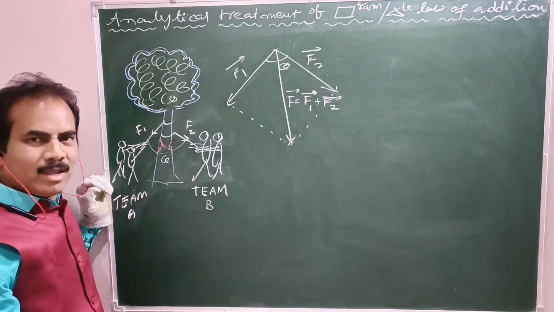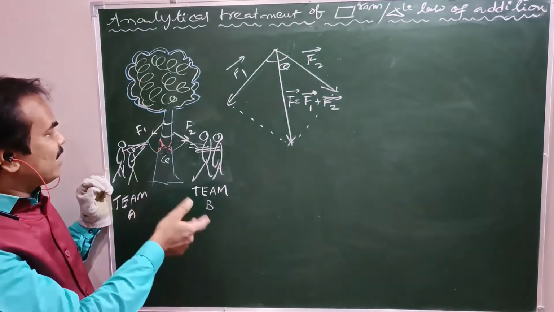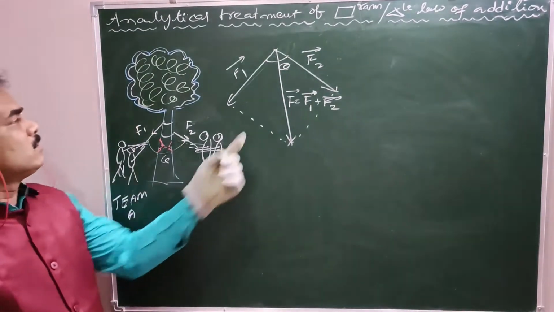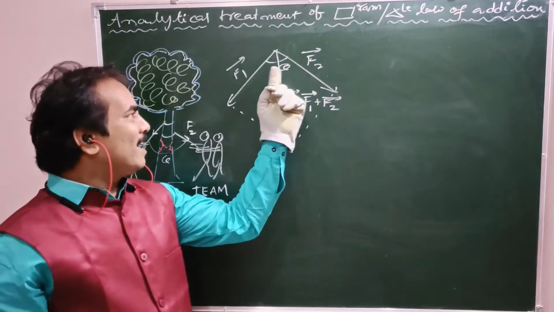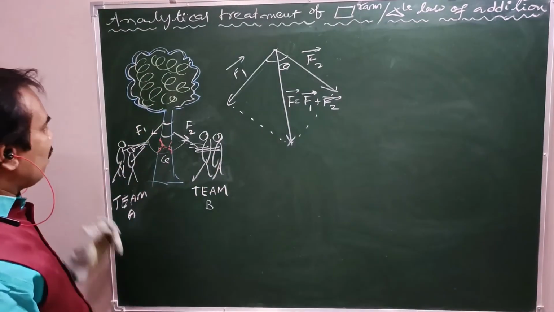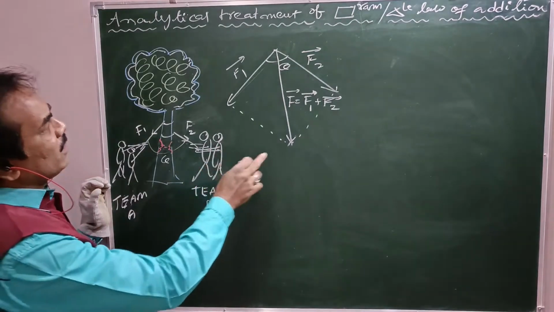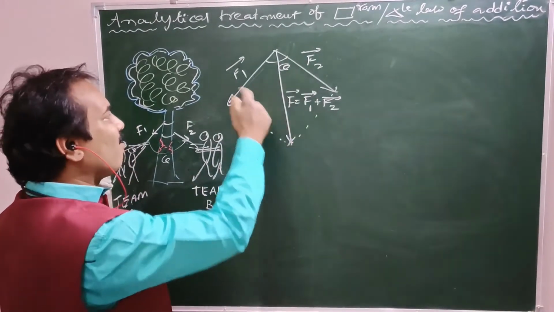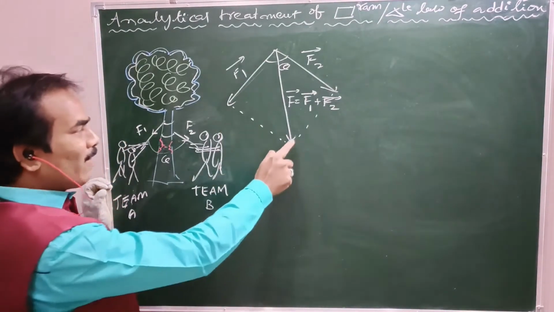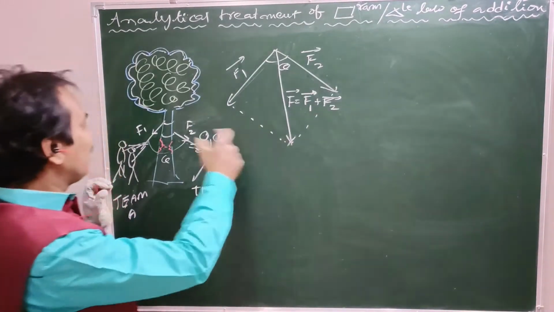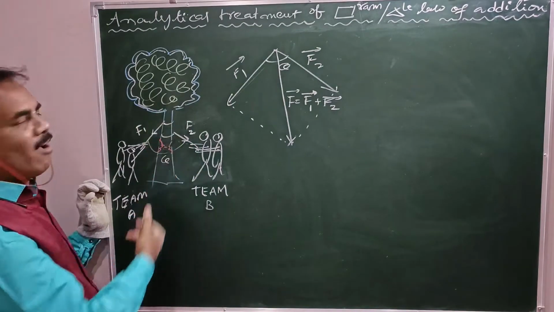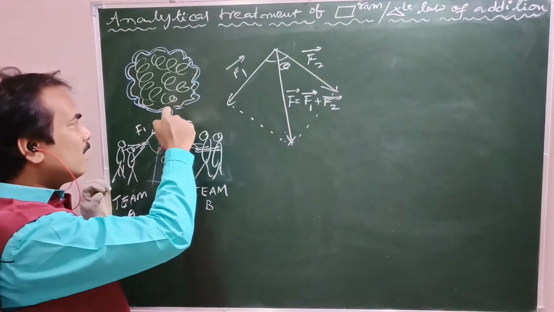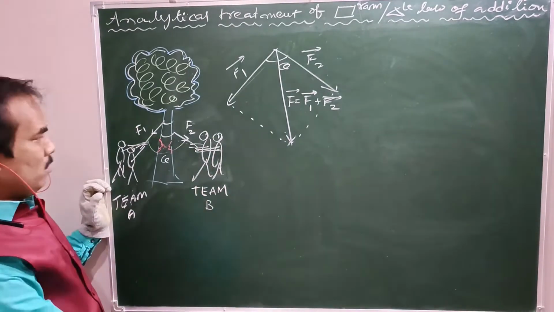So F1, F2 are inclined at an angle theta. Now see, this is the diagonal of the given parent vectors, which is the resultant of those two vectors. This is the direction in which the tree falls, otherwise collapses.